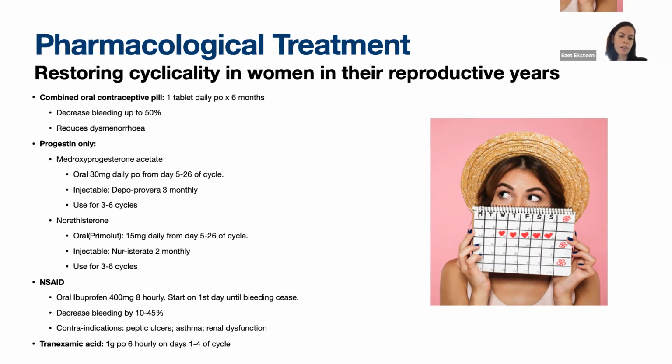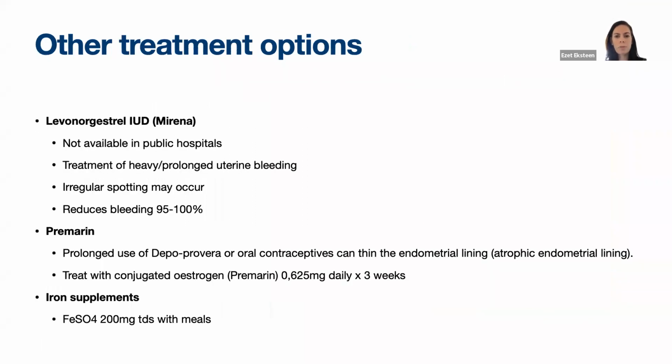And then, like I've mentioned before, tranexamic acid can also be used regularly from days 1 to 4 of the cycle. Other treatment options that we can offer patients are something like a hormonal intrauterine device, like a Mirena. Just a side note, this is not available in our public hospitals, but in private, we can prescribe and administer it to the patient.